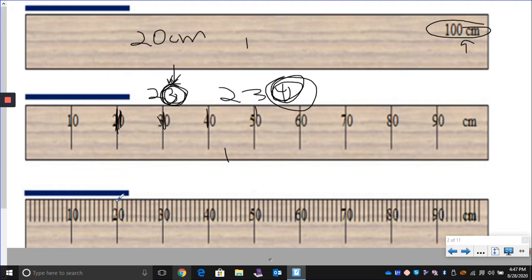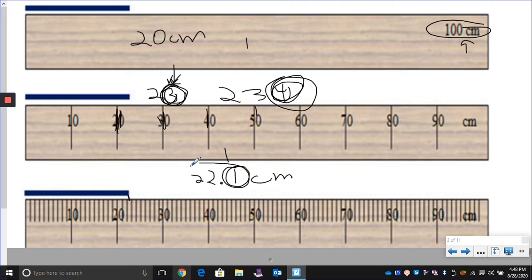If I'm measuring here, I see 20, 21, 22, and I think it goes just past, so I say 22.1 centimeters. We know for sure it's 22, but that last digit we estimate. And our last estimated digit is our last significant figure.